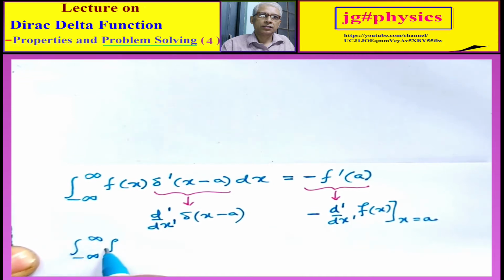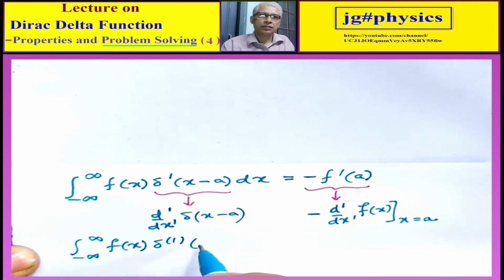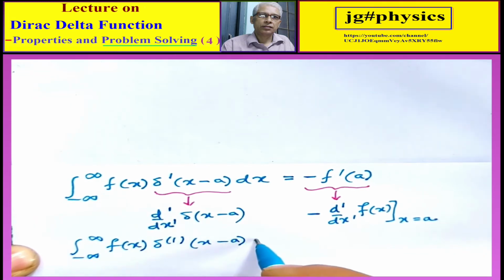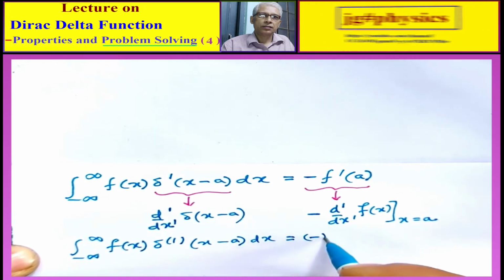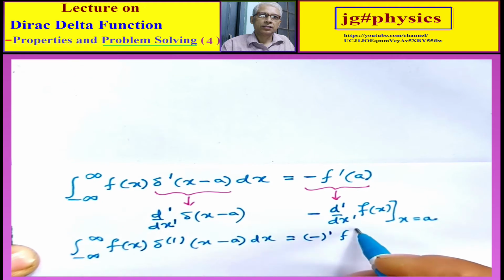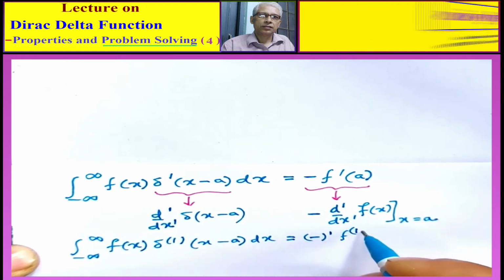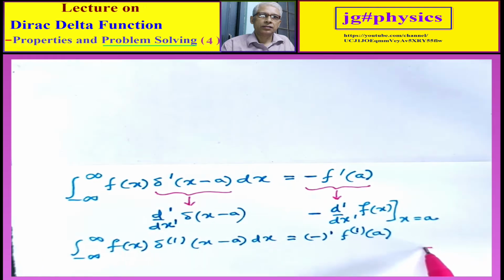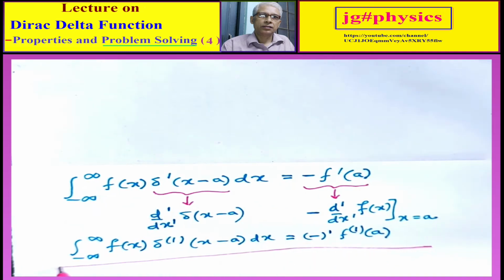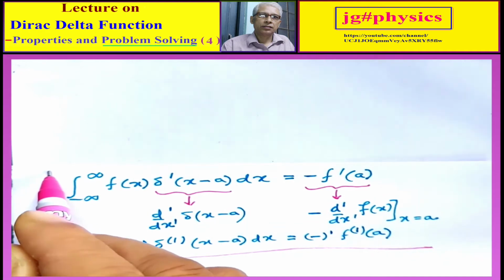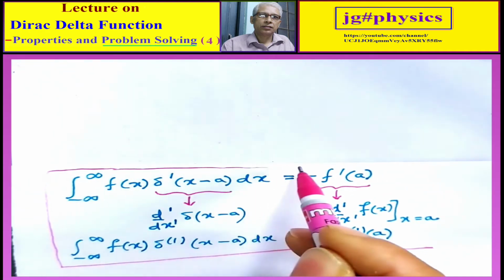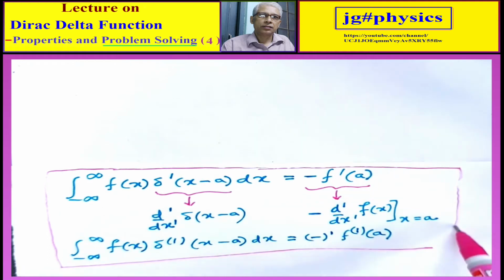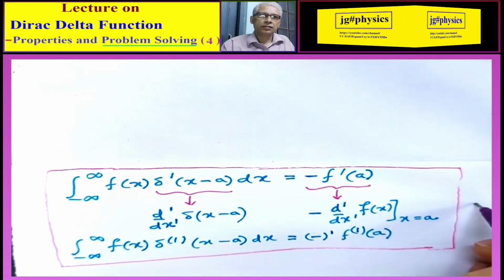So let us rewrite the same relation using this notation that involves a superscript 1 within bracket indicating first derivative. So this is what we get. This is answer to the first question 1.